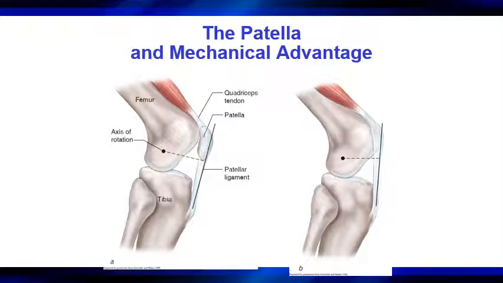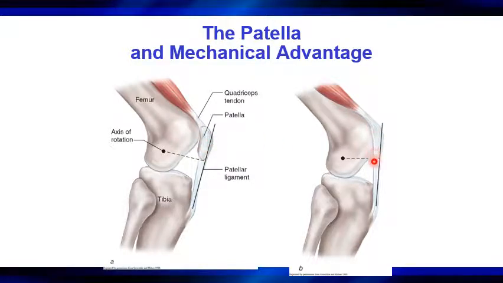The patella increases mechanical advantage by maintaining the tendon at a distance from the knee's axis of rotation. So we're looking here at the knee joint. Here's a knee with a patella, here's a knee without a patella. What the patella does is keep the tendon away, allowing greater force to be produced.